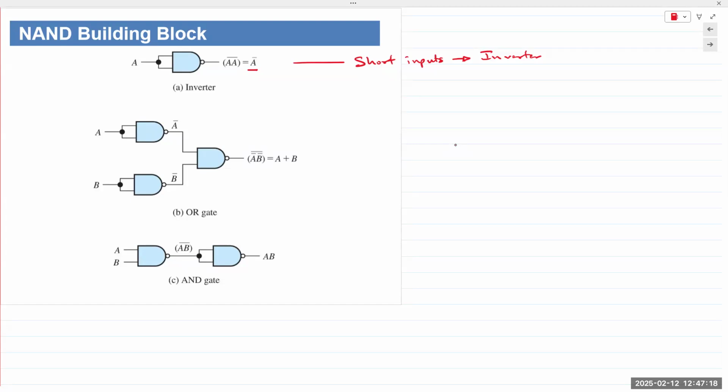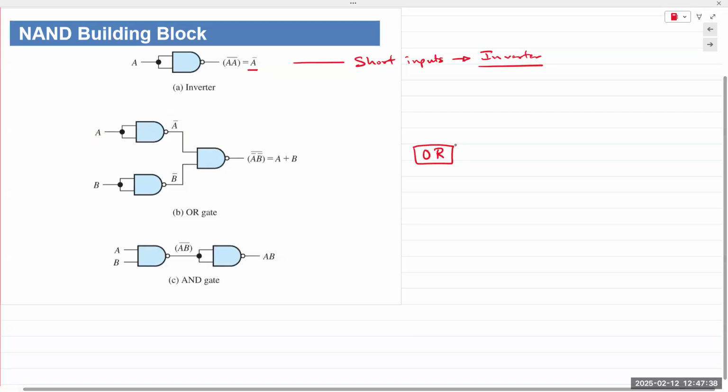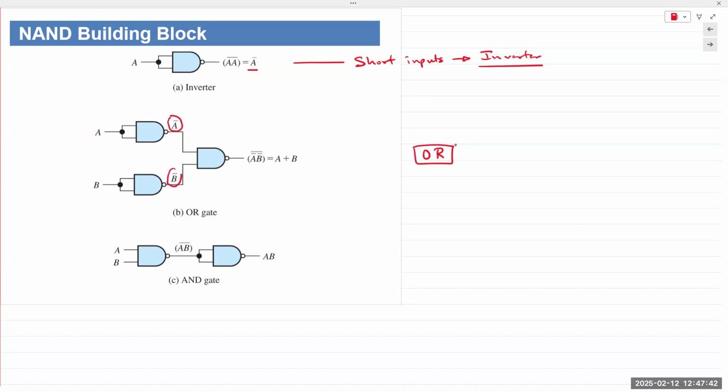All right. For a NAND to OR conversion, meaning if you want to implement an OR gate out of NAND gates, so this is an inverter. You first create an inverter, so you get A naught, and then B naught.